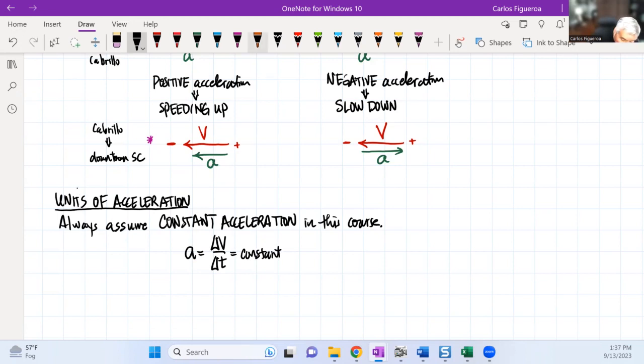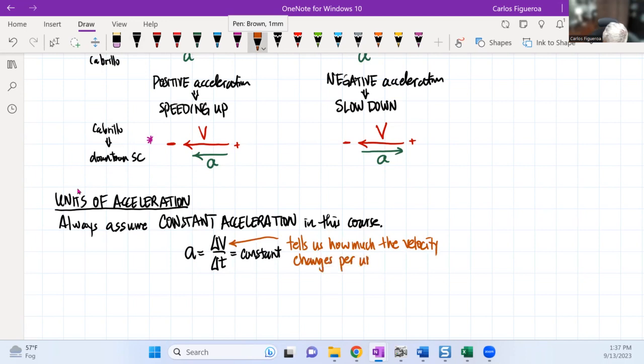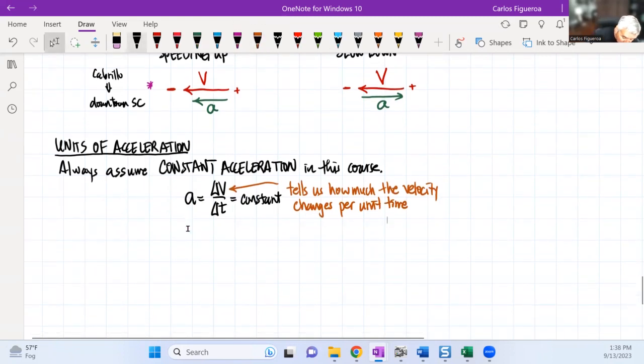And what's going to be clear here is that we want to pay attention to that delta V. This tells us how much the velocity changes per unit time. And that turns out to be the most important one. Okay, so let's look at some examples here.